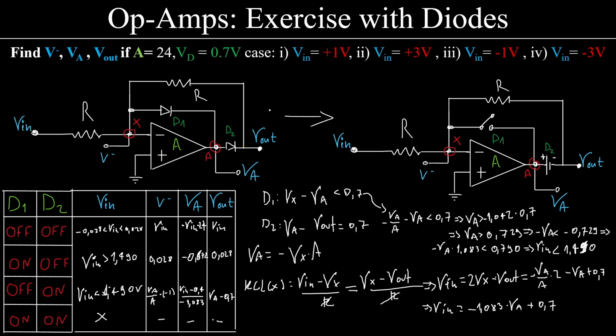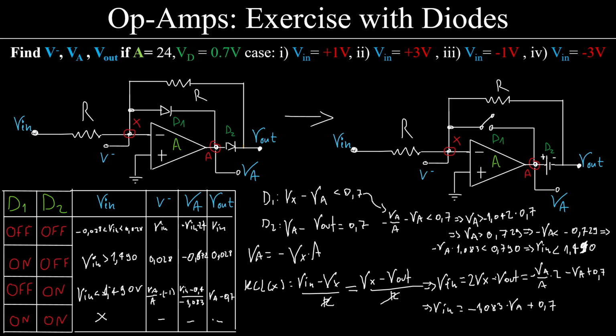What if Vin is plus 1 volt? If Vin is plus 1 volt, we fall into this category, and then we simply solve these for this Vin to get these expressions. How about when Vin is plus 3 volts? If Vin is plus 3 volts, we fall into this category.